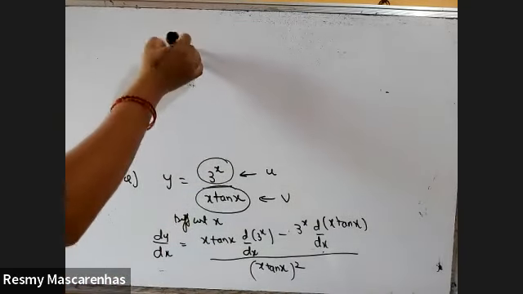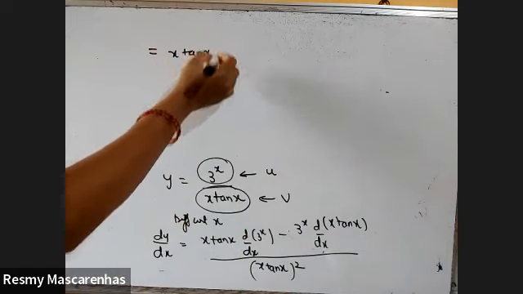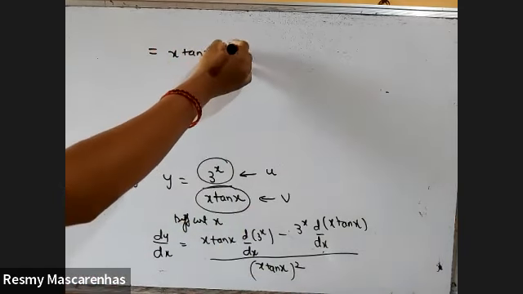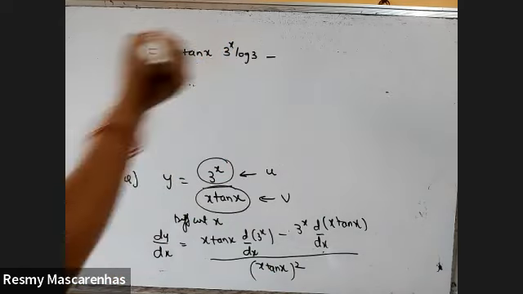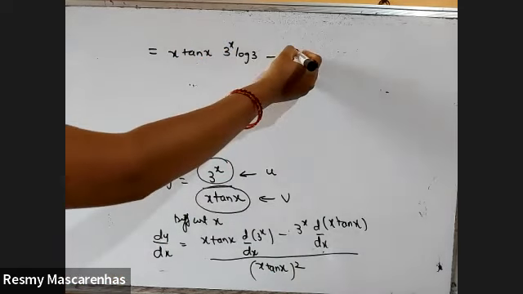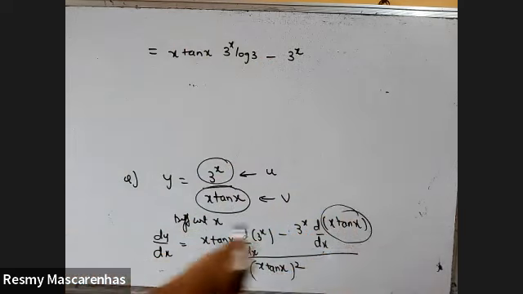So u, this you copy paste as it is. Now what is derivative of 3 raised to x? 3 raised to x log 3. Middle sign is minus. Now 3 raised to x, I need to take derivative of this.